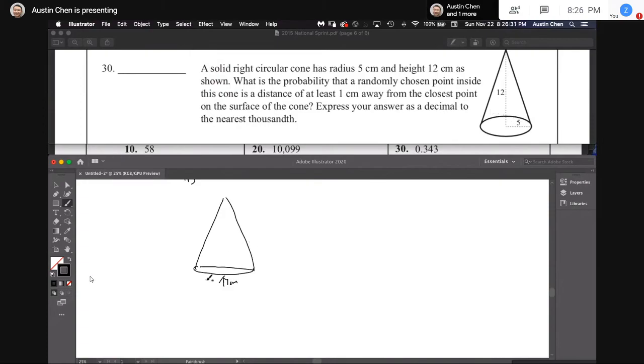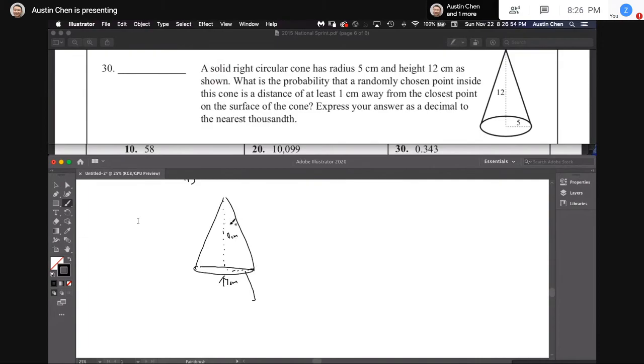Okay, so what happens if we put it up 1 centimeter? Then this height will be 11 centimeters. And what will the new radius be? Well, we still have the original cone shape, right? It stays the same. You can think of it as similar triangles, right?